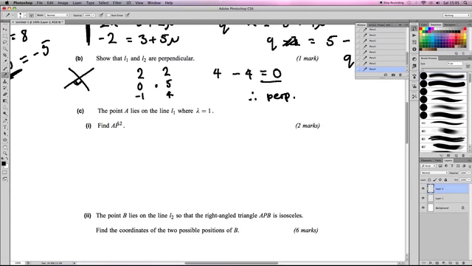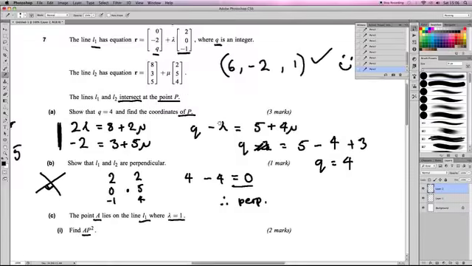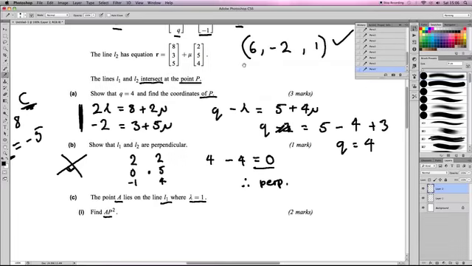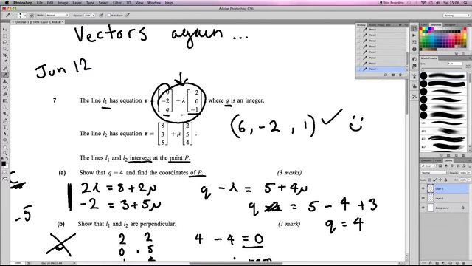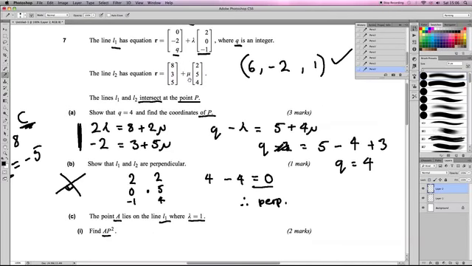Alright, now it's saying that the point A lies on the line when lambda is equal to 1. Find the distance AP squared. So which equation is it? Line 1, so we want this one. We just want to put lambda as 1 in there.